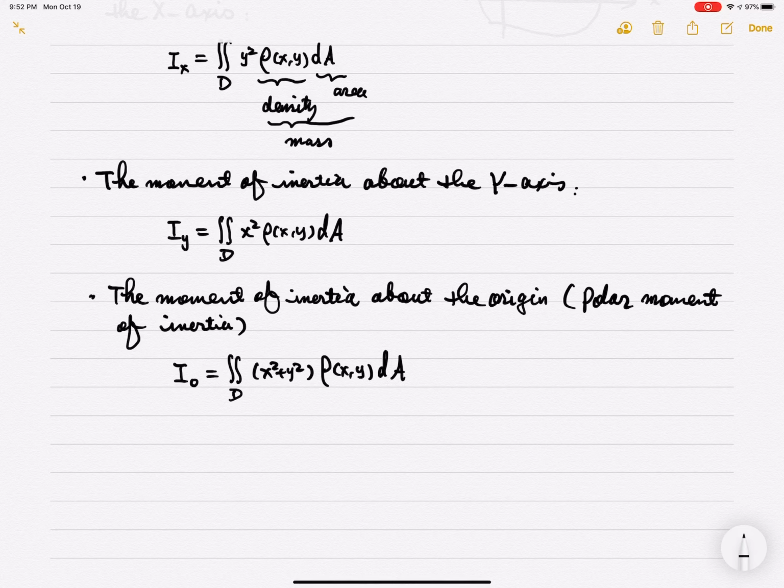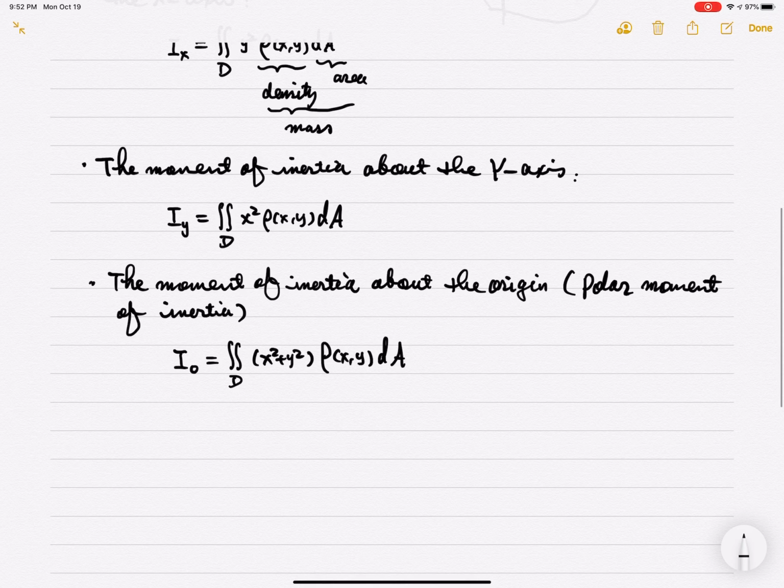Rho is the density, dA is the area, so rho times dA is the mass. If we take a square root of x squared plus y squared, that's the distance from the point to the origin. Now you square it, that's just x squared plus y squared. But if you break this up, that's exactly I sub x plus I sub y. So once you find I sub x and I sub y, you add them up, and that's the moment of inertia about the origin.